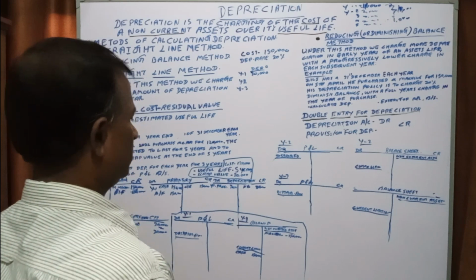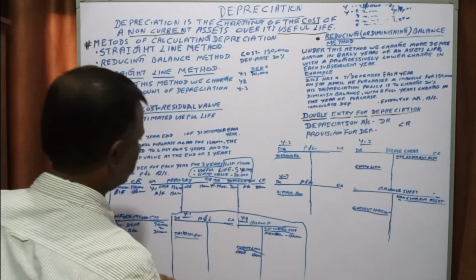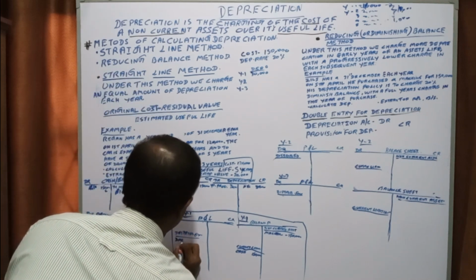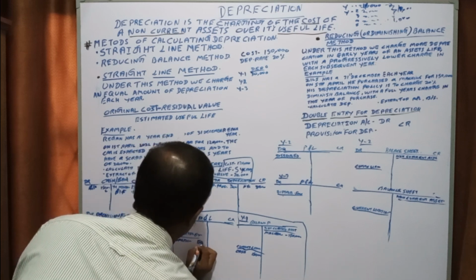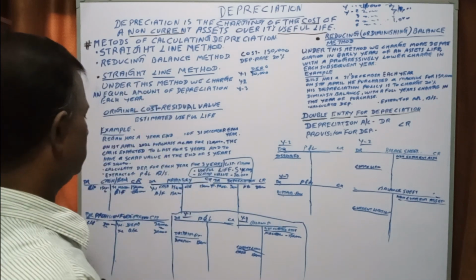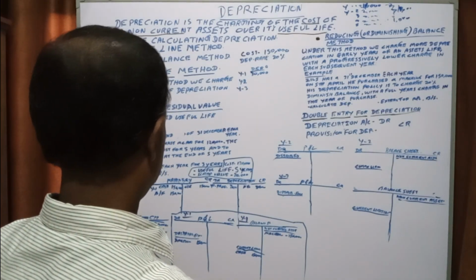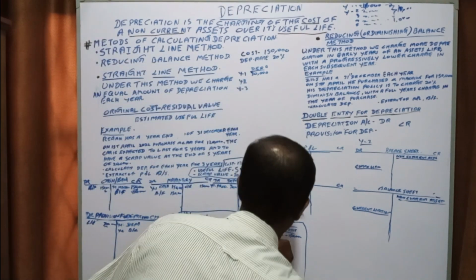Okay. And depreciation is charged to the profit and loss account. Depreciation 30,000. Okay.